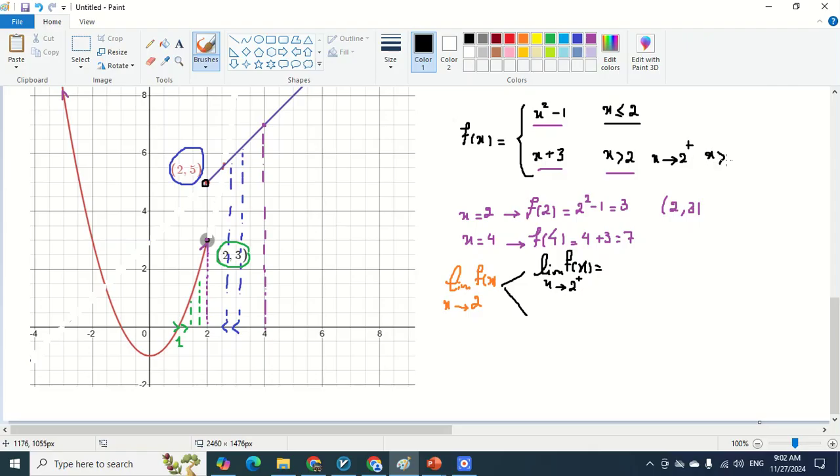So in this way we should use the second condition over here, meaning that we should calculate the limit of, instead of f(x), x plus 3, because it's the right side of that expression, and x is still tending to 2 plus, a value which is greater than 2.